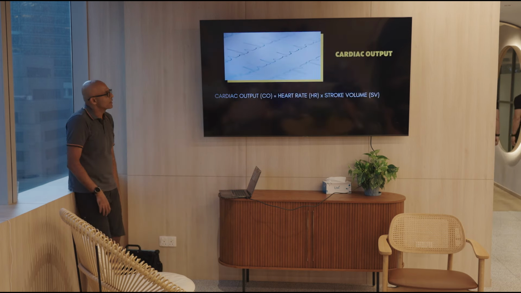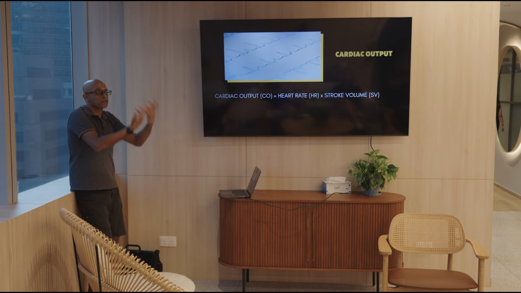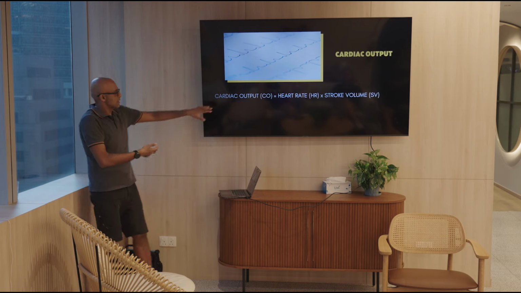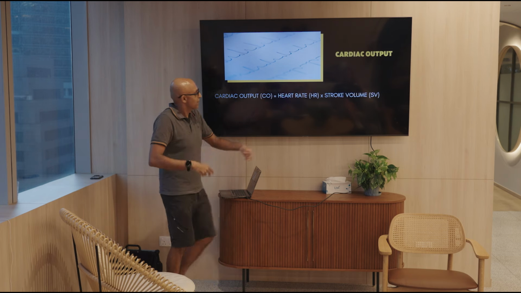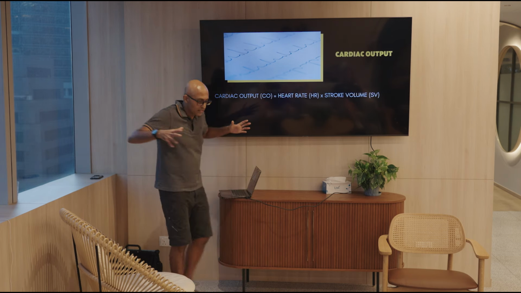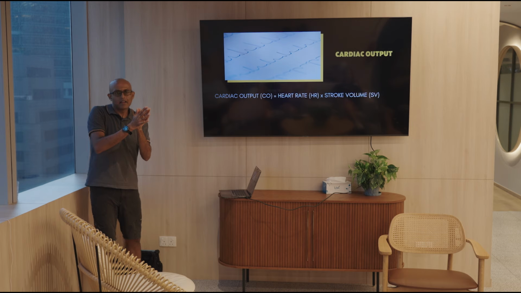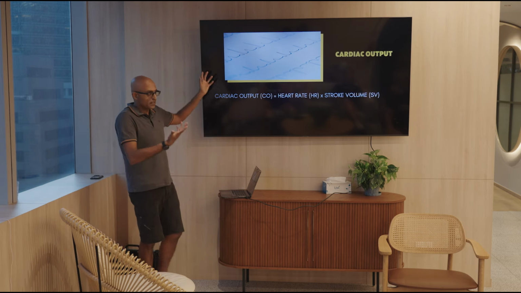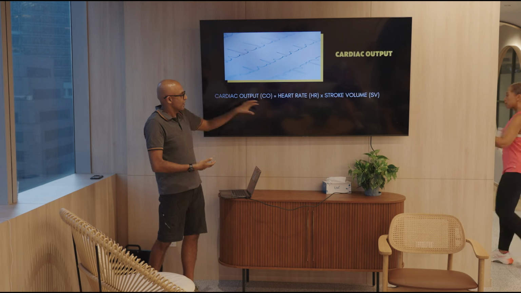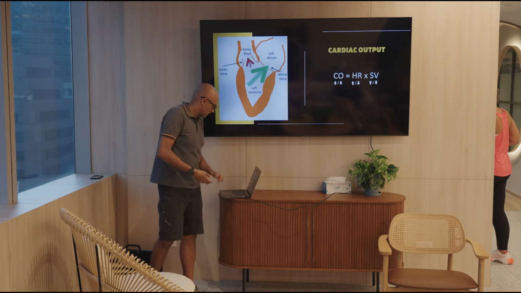And if we're going a little bit scientific here, cardiac output, what the heart pushes out, is a balance between your heart rate and the stroke volume, which is the amount of blood that's pushed out at any given time. So it's a very basic mathematical concept, I guess. Cardiac output is heart rate times stroke volume.